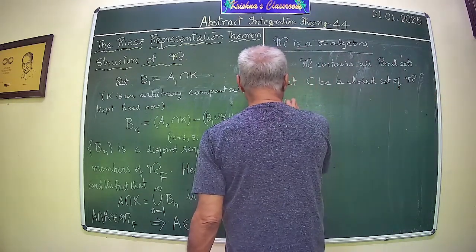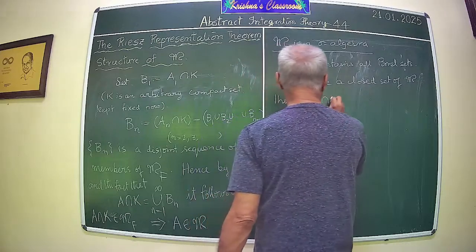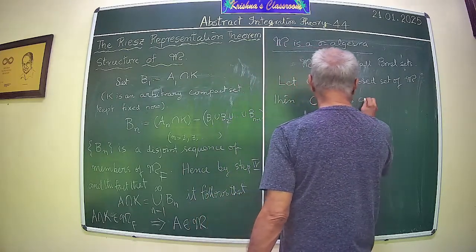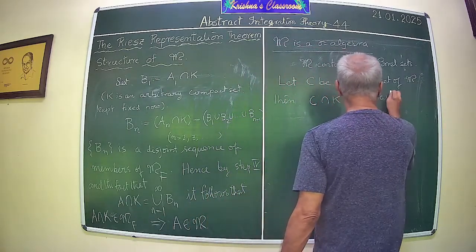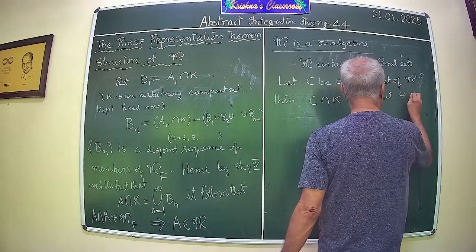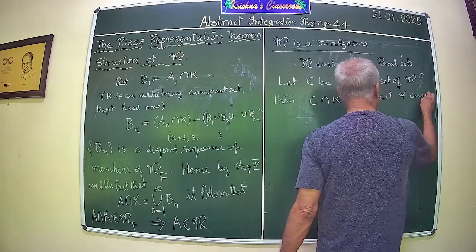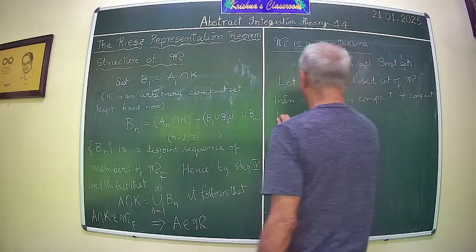Then C intersection K is compact for every compact K. Why?